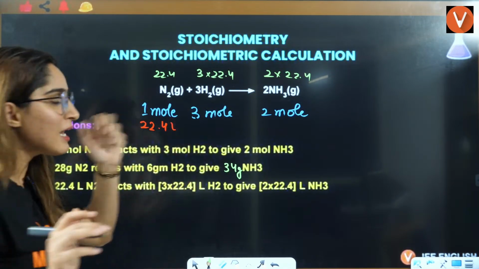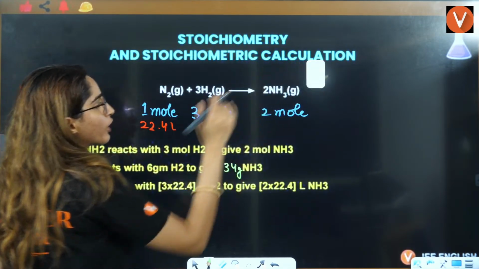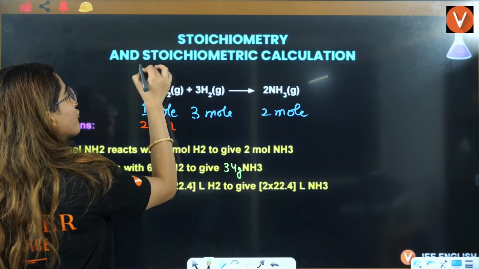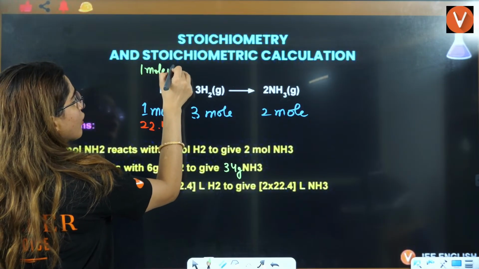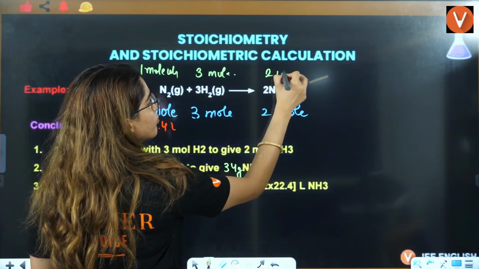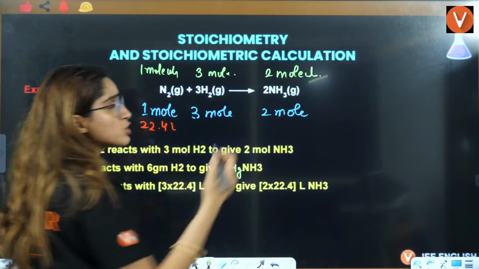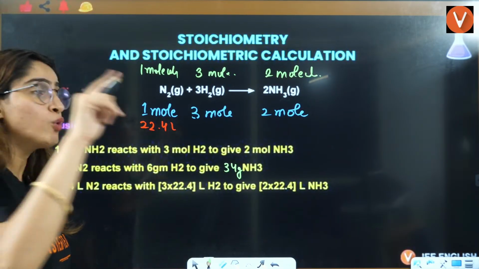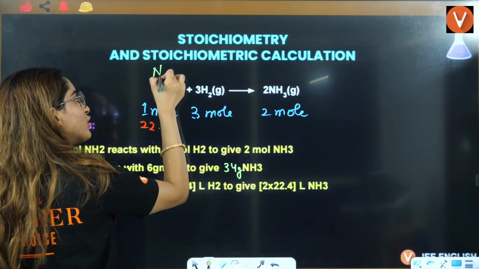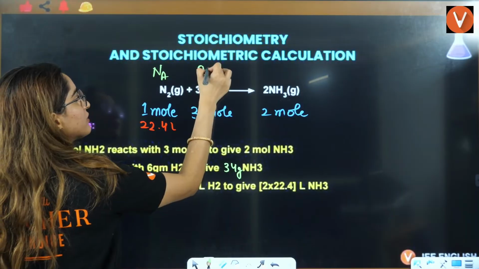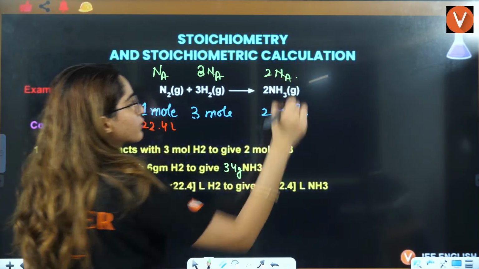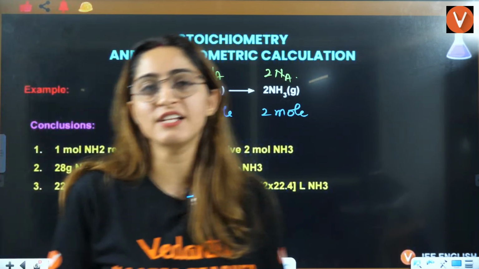Now, let's assume you are talking about particles. In particles, you will see 1 molecule reacts with 3 molecule to give 2 molecule. You can also write it as Avogadro's number of molecules react with 3 into Avogadro's number of molecules to give 2 into Avogadro's number of molecules of NH3.